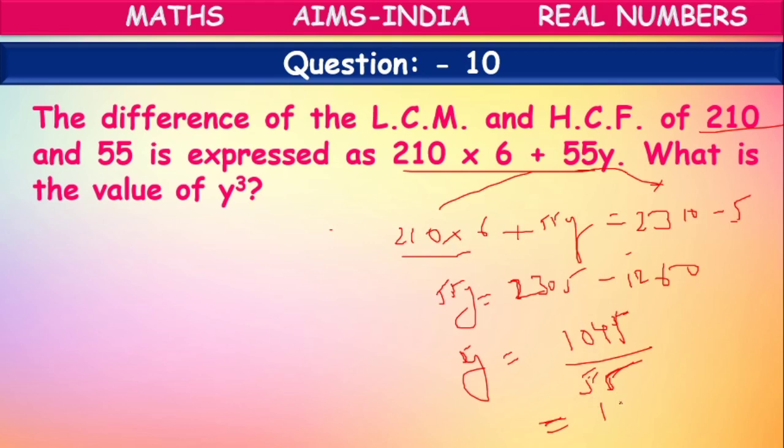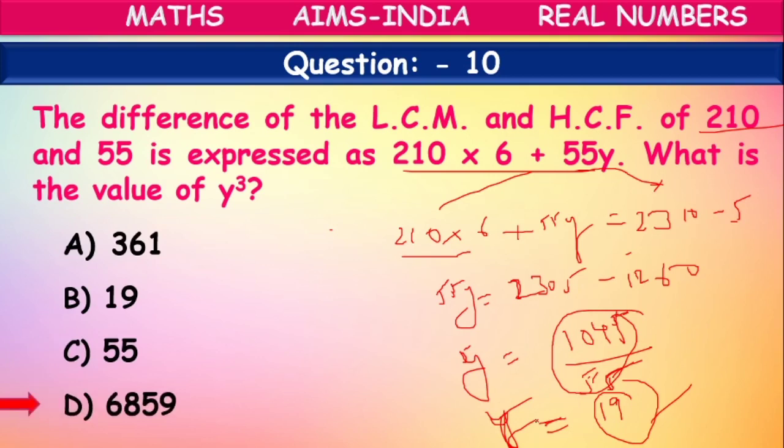What will be remaining? 495. 495 means how many times? 55 how many times? 9 times. 55 9 times 495. So this number after cancellation we will get 19. Y value is 19.